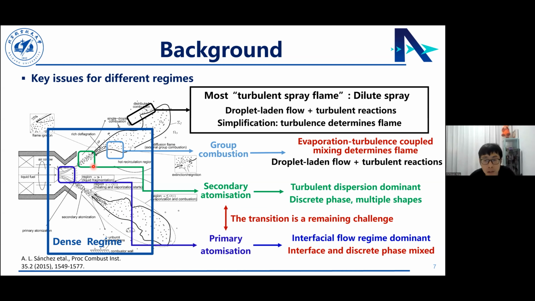In the secondary atomization, turbulent dispersion dominates the discrete phase and the multi-shape droplet movement, and also collision, coalescence and evaporation. But in the primary atomization, the interfacial flow regime is the dominant one, and the interface and discrete phase are mixed in this region. The transition between them is also a remaining challenge.